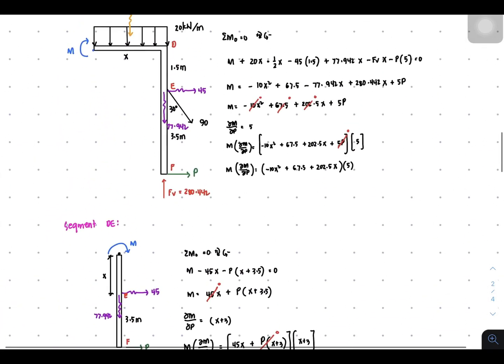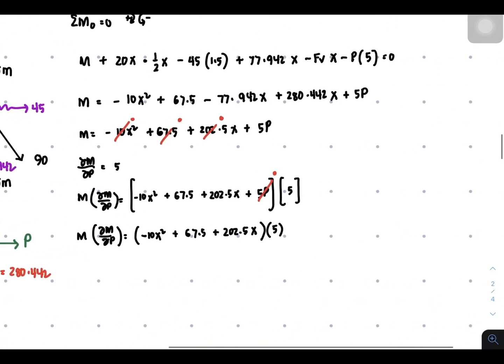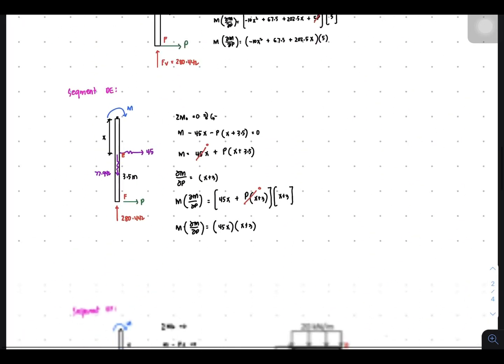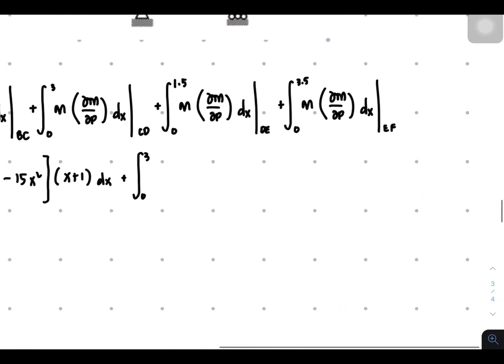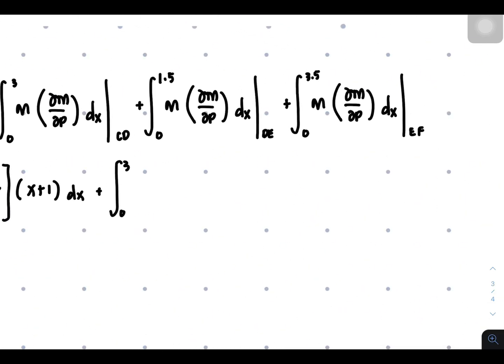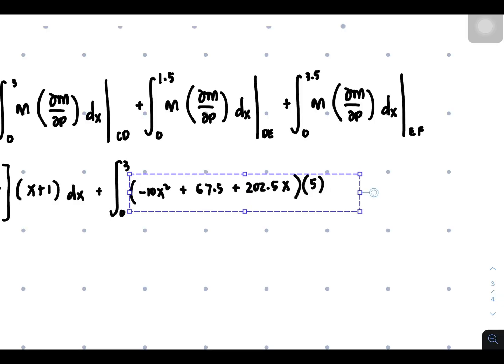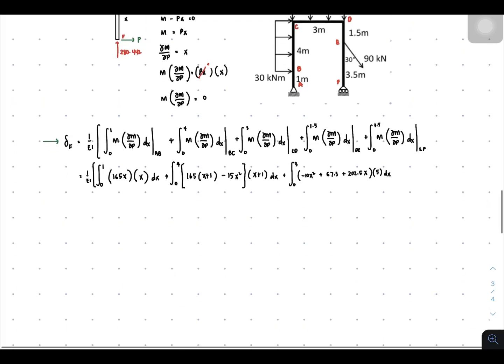Where is CD? This one. Copy this. And this is for CD dx.